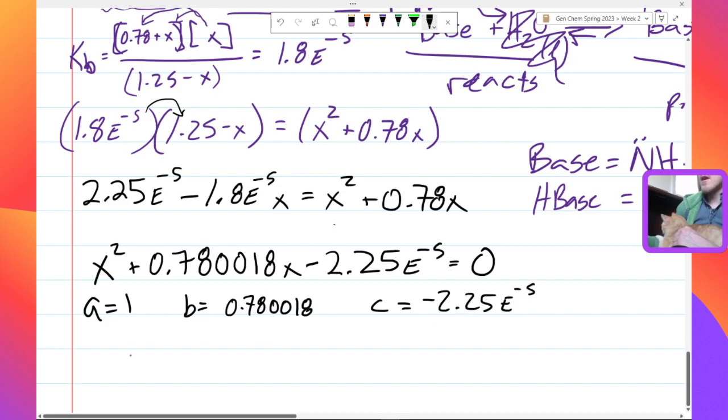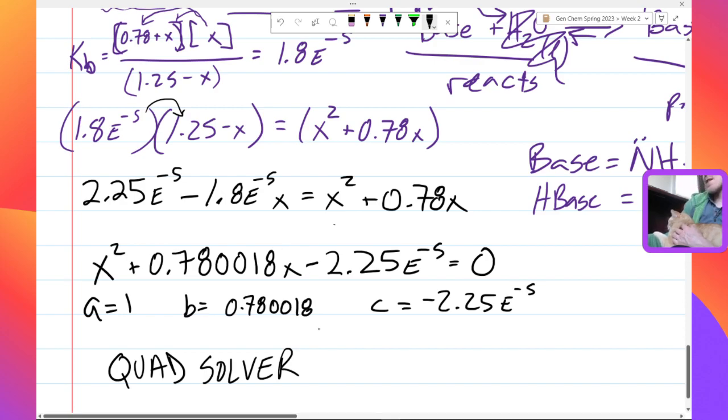And then you put that into your quadratic equation, or you have a robot do it for you, or you have your cat do it for you.